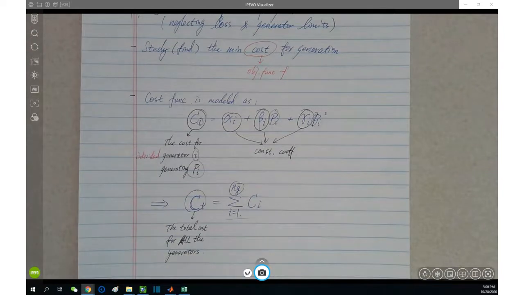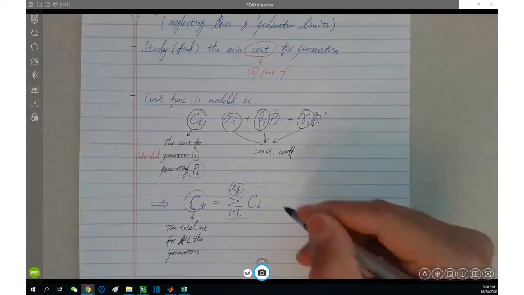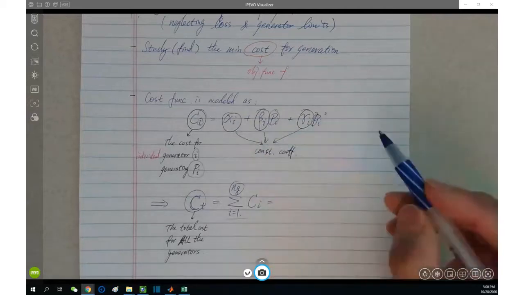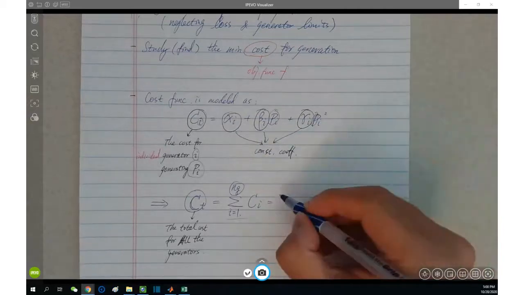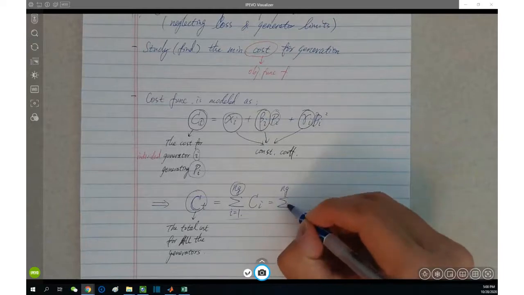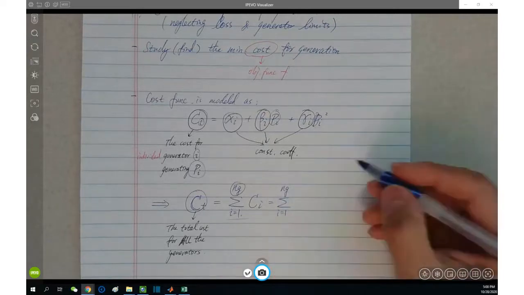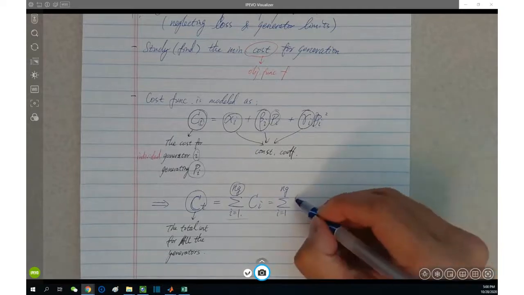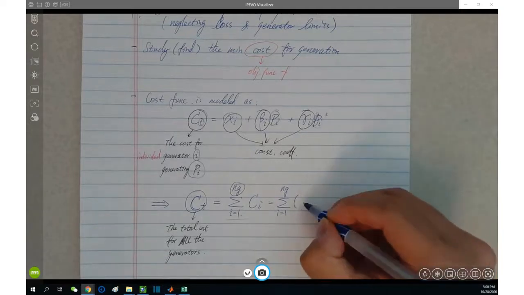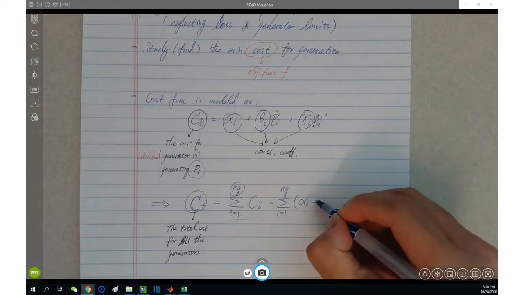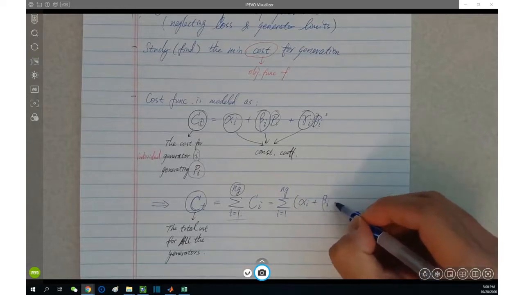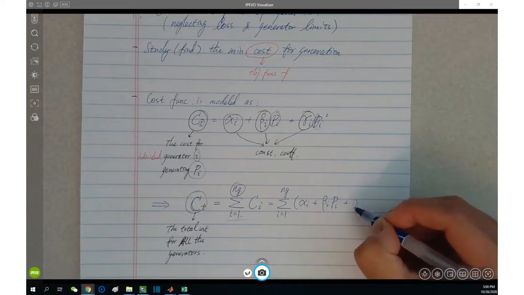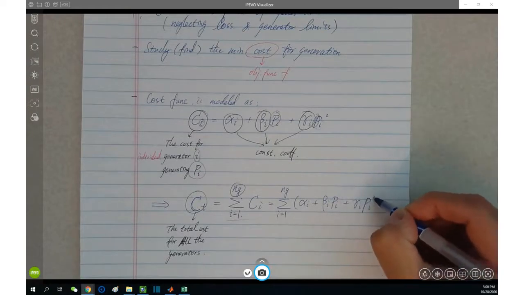Therefore, it equals pretty much the sum from 1 to g of alpha i plus beta i Pi plus gamma i Pi squared.